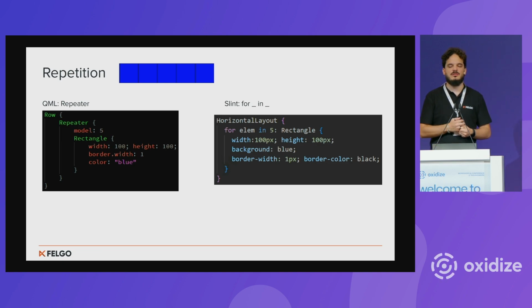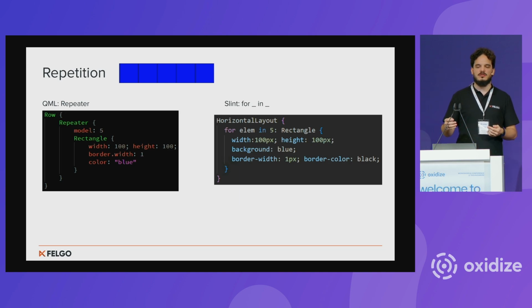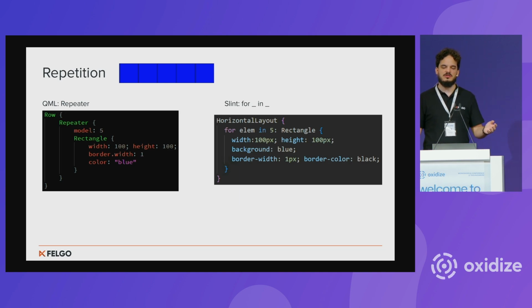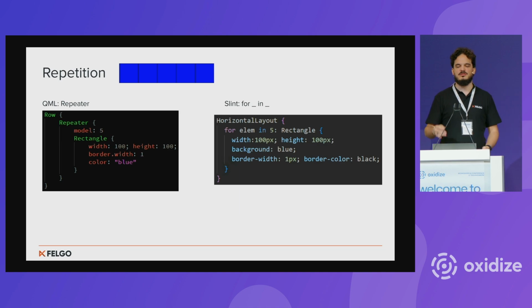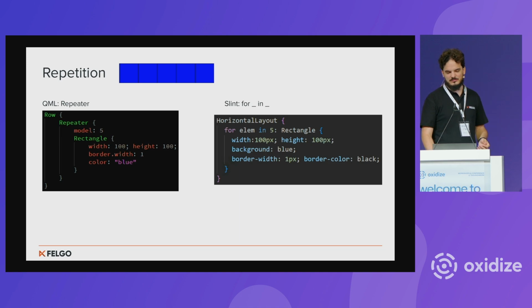So you have the same idea in Slint with the for-in looping over a model or a number, where both of the codes will produce 5 rectangles in these cases. So this is pretty similar.